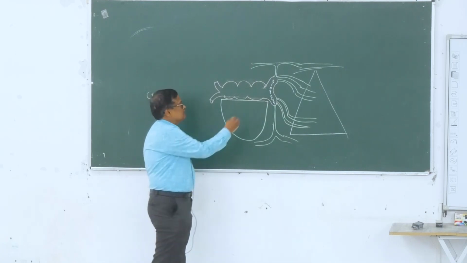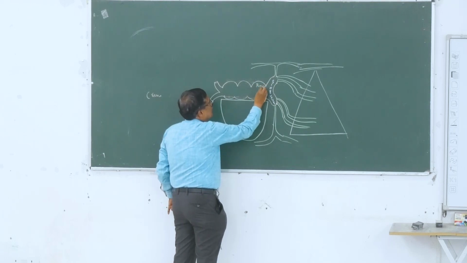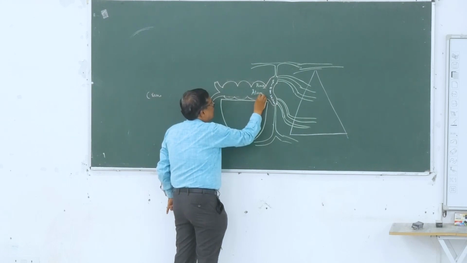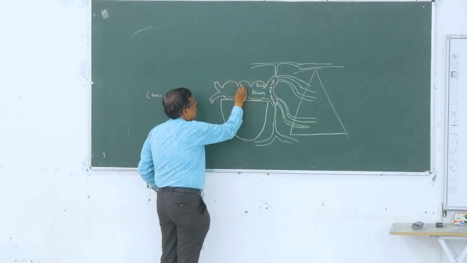Then there is a dilatation we call the primitive atrium, then the primitive ventricle, then the bulbus cordis.